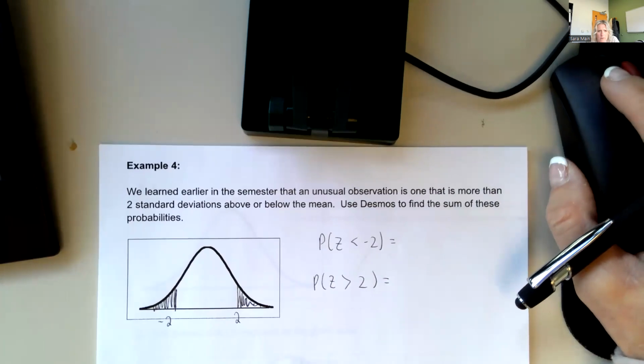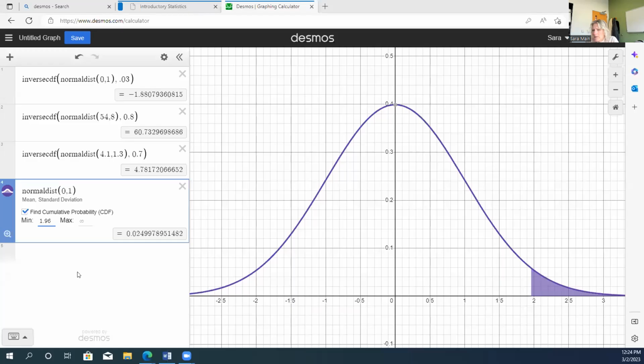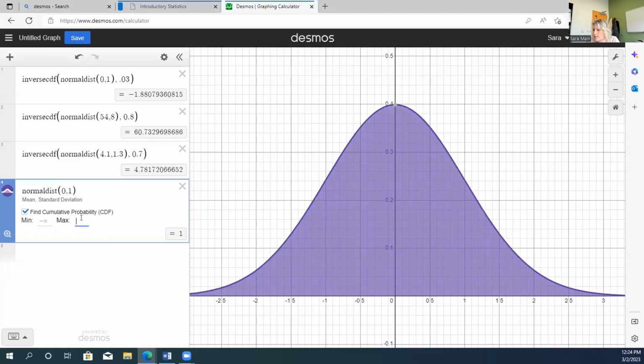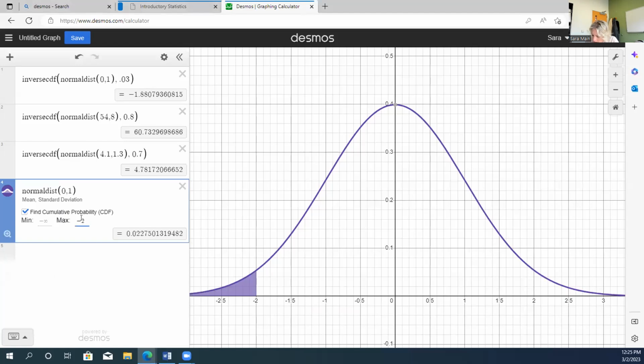Let's go back to here. So greater than +2 is 0.0228. And then if I delete that and go less than -2, we'll have the same 0.0228.